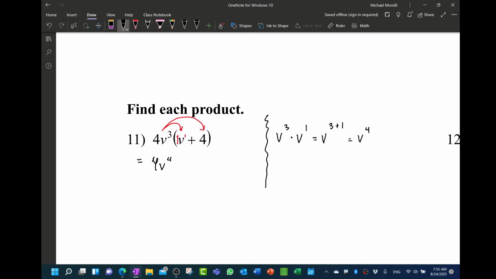Now, be careful here. Multiply the 4 times the 4, and you get 16, so plus 16. And then they just tack the V cubed on, V cubed. Tack that on.